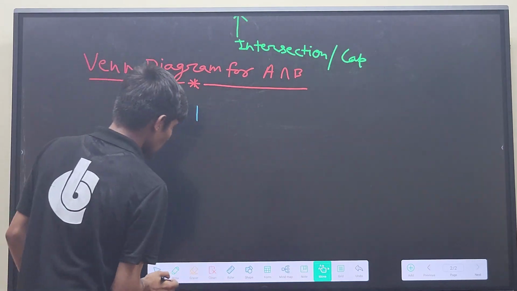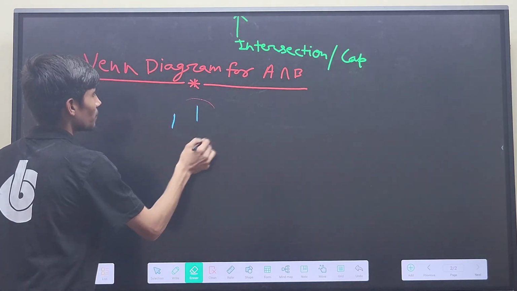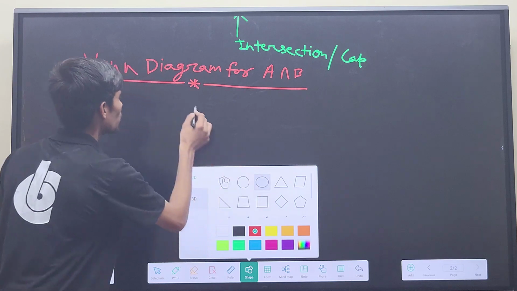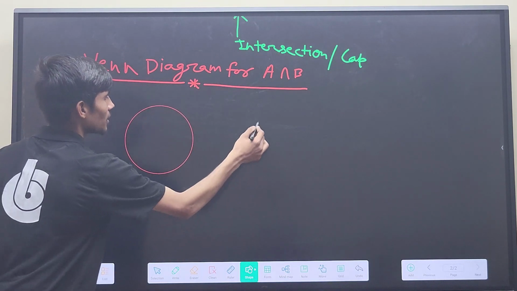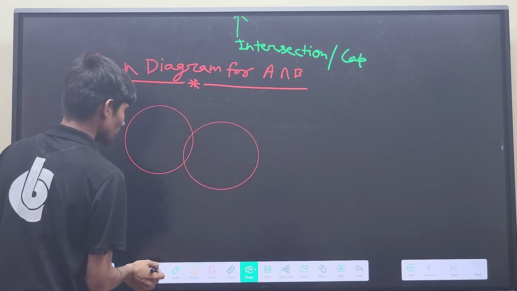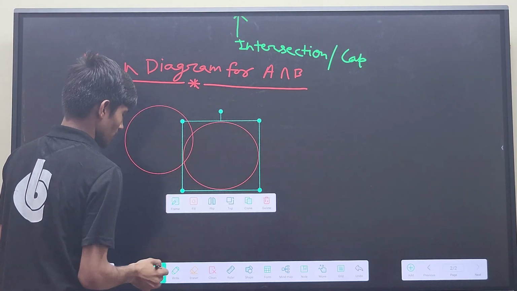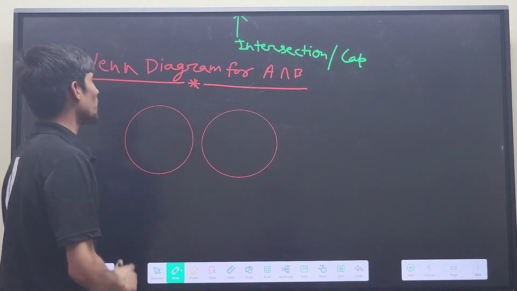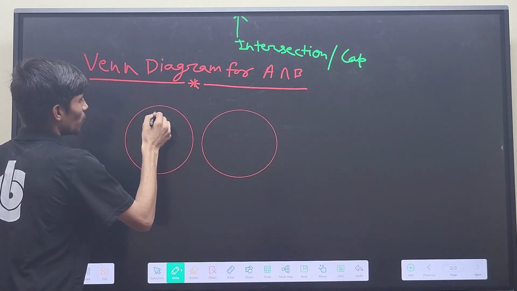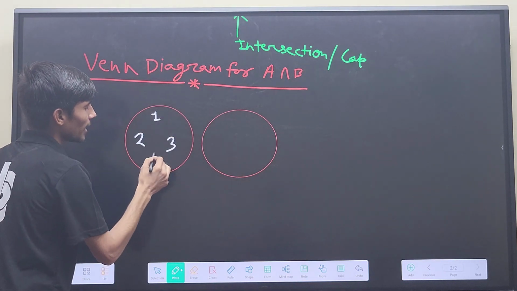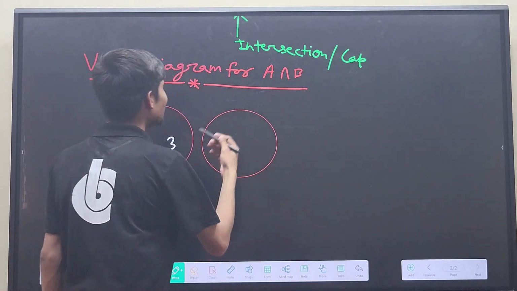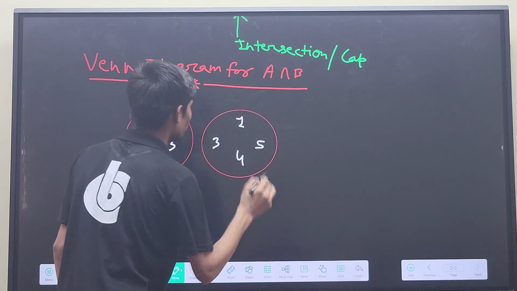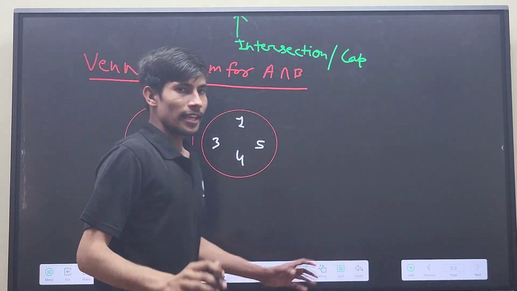First of all, we will take two circles, something like this. Now in the circles, I am going to write some numbers. In the first circle, 1, 2, 3 and 4. In the second circle, I am going to write 1, 3, 4 and 5. Clear?